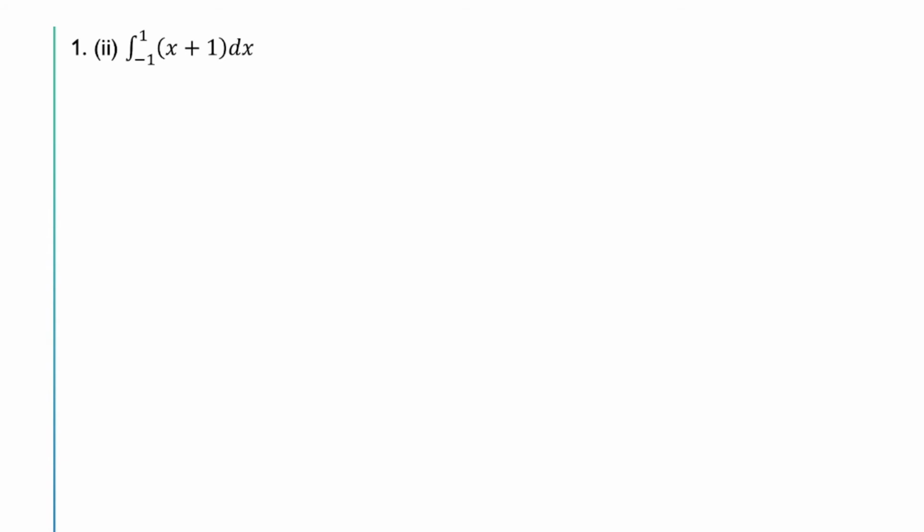Next question, integral minus 1 to 1 x plus 1 into dx. Again we have to integrate using the standard integral. So integral x dx is x square by 2 plus integral dx is x. Now we can substitute the limits. So this is equal to, first we have to substitute the upper limit. That is, in place of x we have to substitute 1.